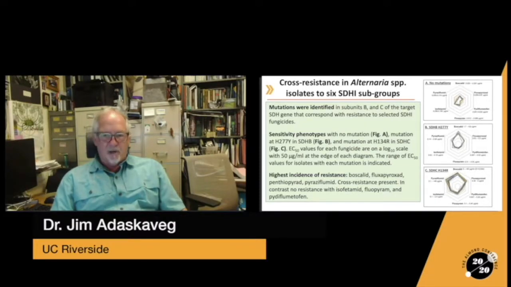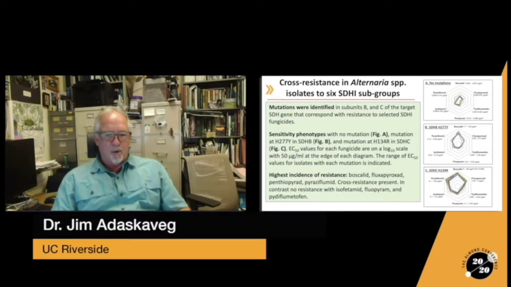If we have a mutation in the C subunit of that gene at the 134 location, that will confer resistance to pyraziflumid, boscalid, and fluxapyroxad, whereas pydiflumetofen, fluopyram, and isofetamid have low resistance potential with that mutation at subunit C of the succinate dehydrogenase gene.